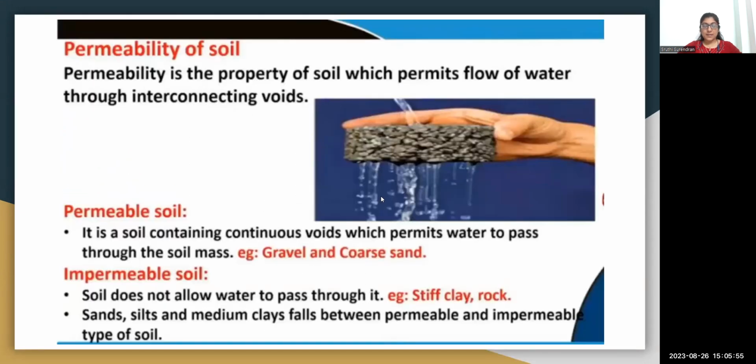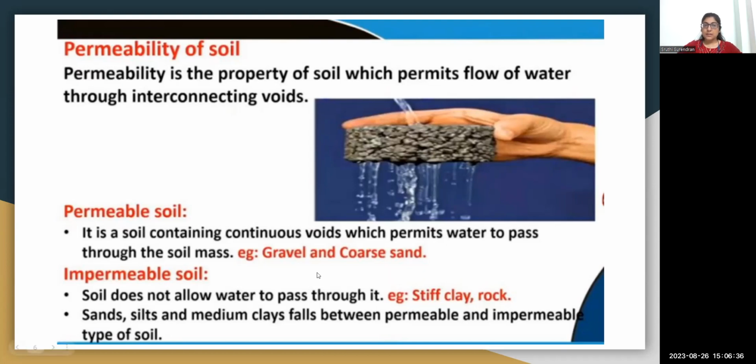So let's see what terms are coming in this expression. Two of the terms in transmissibility are the permeability and the depth of the aquifer. Permeability, as we have seen in earlier classes, is a property of the soil which makes it easier for water to flow through it. And this flow of water occurs not just through pores, but through interconnected pores. So if the pore interconnectivity of the aquifer material is good, then the ease with which water will flow through the media will be better.